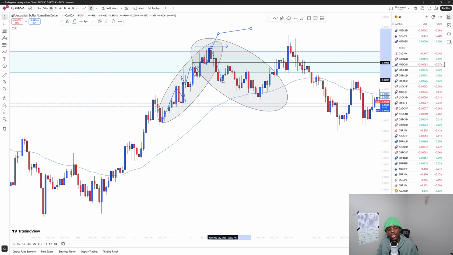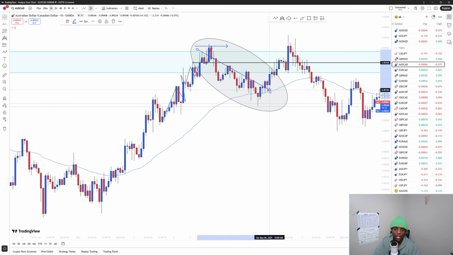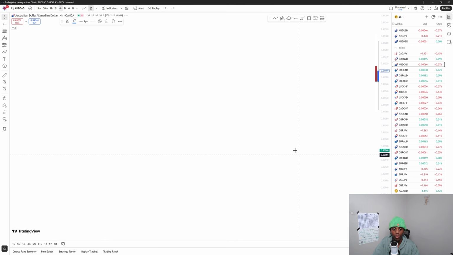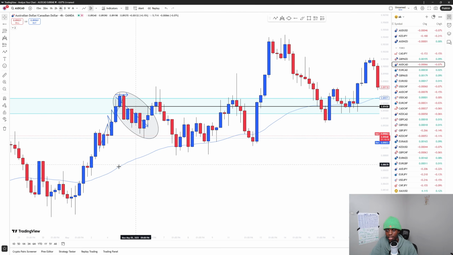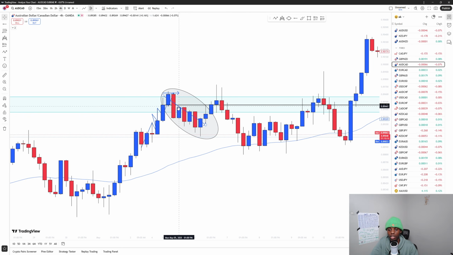The 1 hour shifted bearish to create the 4 hour pullback. And let me just delete one of these bubbles so you understand that this right here is happening exactly in the 4 hour pullback. Just trying to delete some of the doubts. As you can see, the line I drew is happening exactly inside that 4 hour pullback.